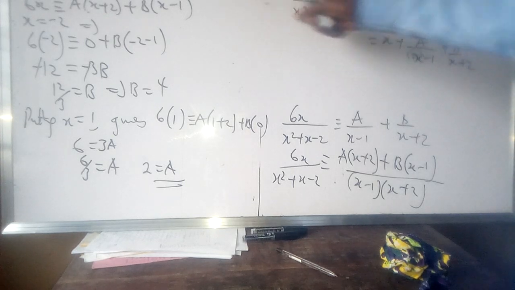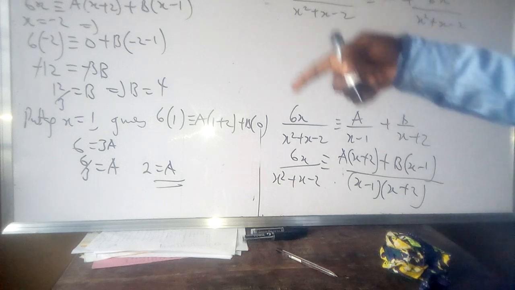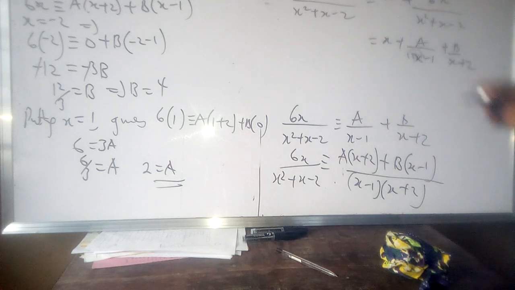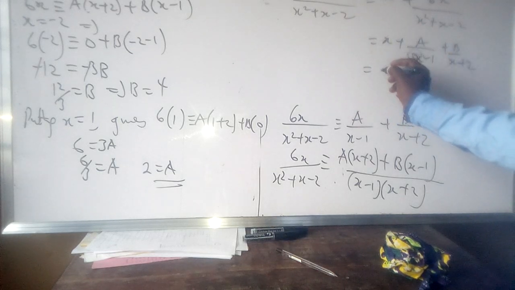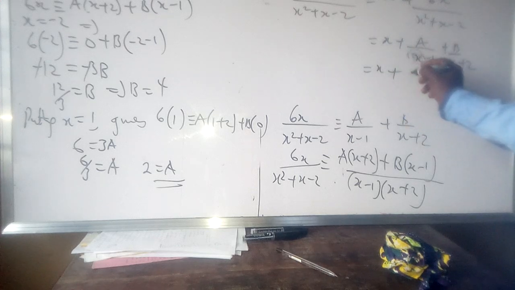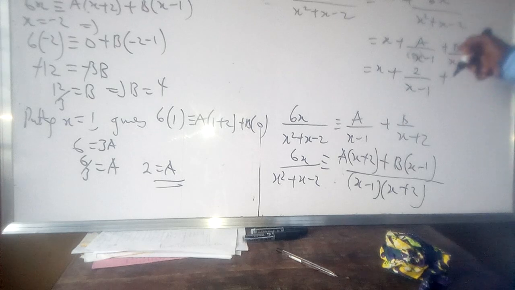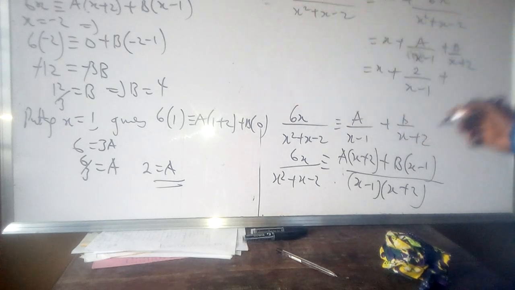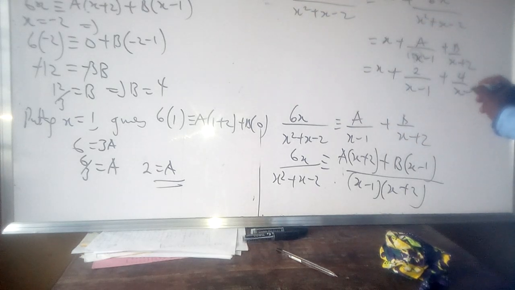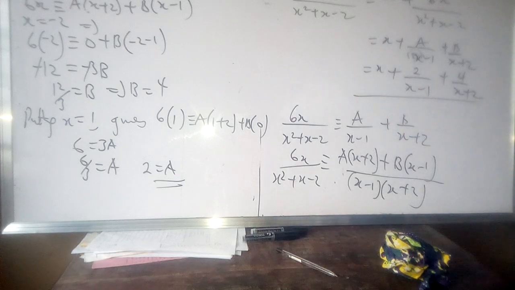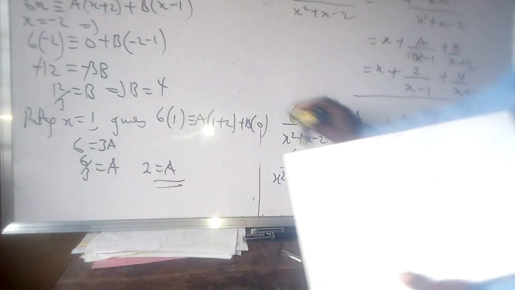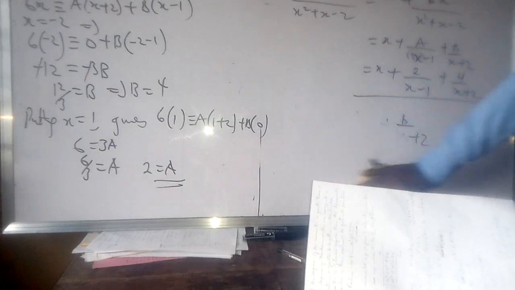That's what we have resolved the whole expression into. Now that we have the values of A and B, we substitute: x plus 2 all over (x minus 1) plus, our B is equal to 4, 4 all over (x plus 2). That is the solution to the given problem.